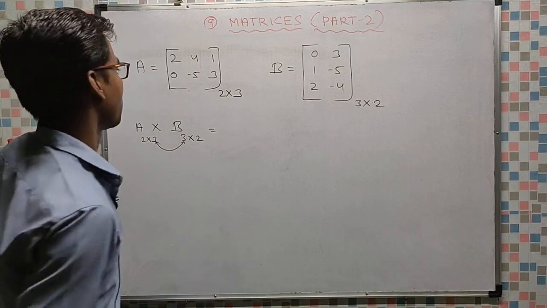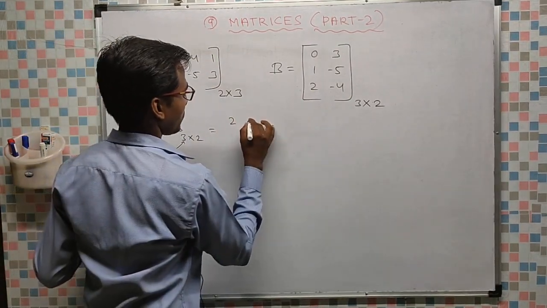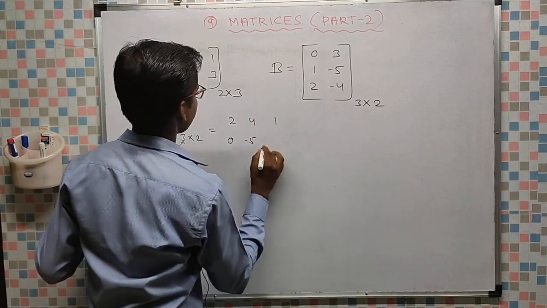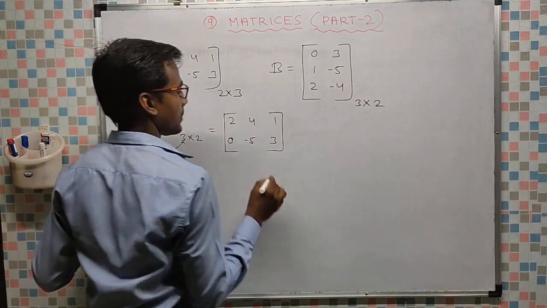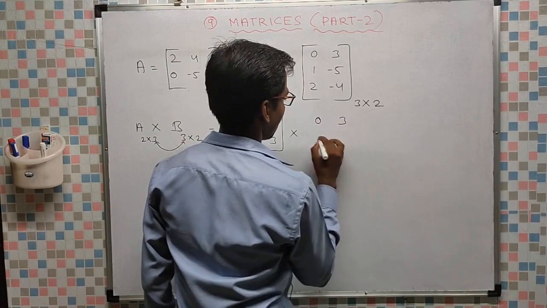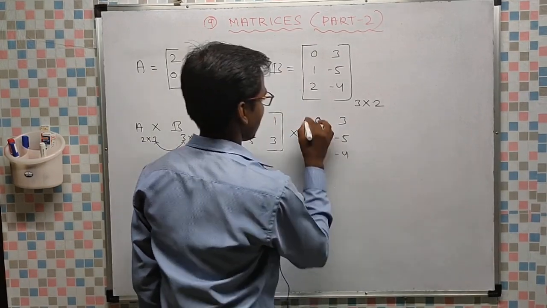Now let us see how to multiply. Write the values: 2, 4, 1, 0, minus 5, 3, into 0, 3, 1, minus 5, 2, minus 4.